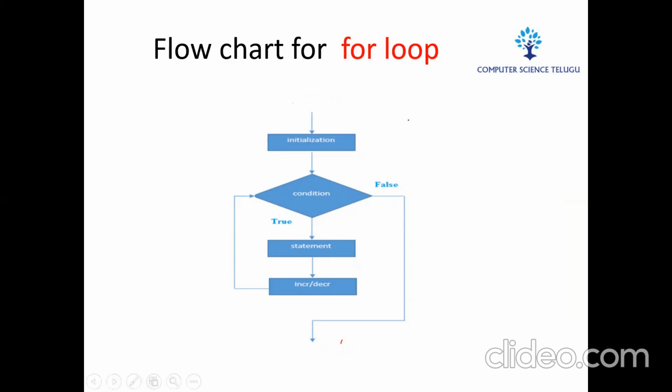So we have a for loop. Let's take one example: for i equal to 0, i less than 3, i plus plus, printf percentage d, i.